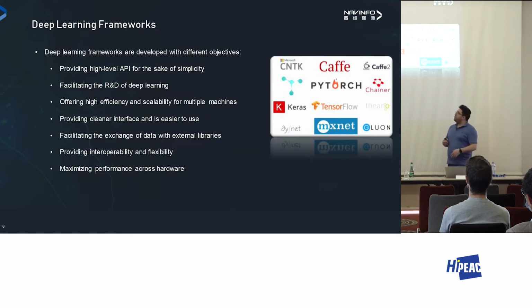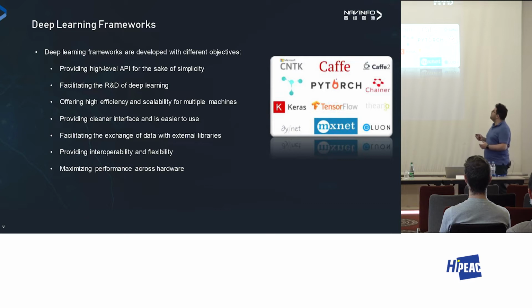And now we continue with the deep learning frameworks. So we mentioned that the development and implementation of deep learning models are usually done by deep learning frameworks. You see that we have a couple of deep learning frameworks which are quite famous.